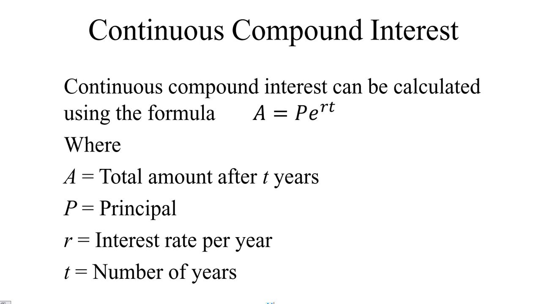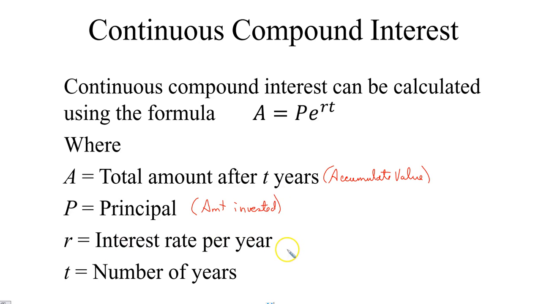Notice that this does not have an N in it. A is still my total amount after T years, also known as that accumulated value. P is still the principal or the amount of investment, so the amount invested.